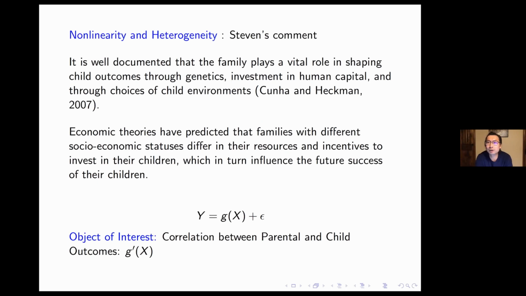So what we are trying to do is measure this correlation to understand whether or not there's any income persistence through different generations, okay? The object of interest here is the correlation between the parent and child outcomes. The derivative is what we are trying to estimate, what we are trying to recover as well.